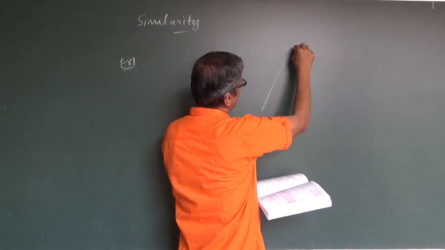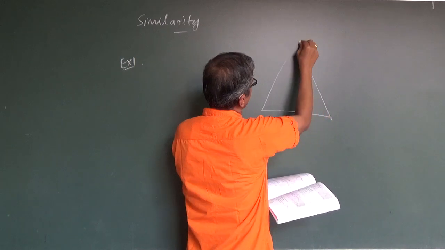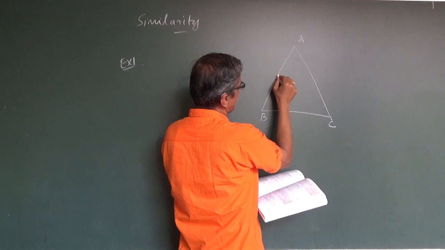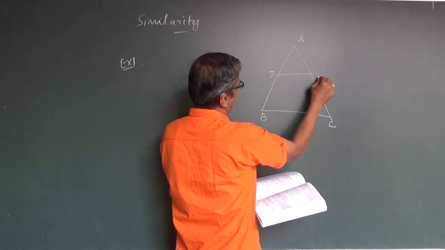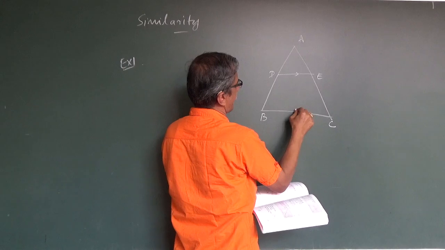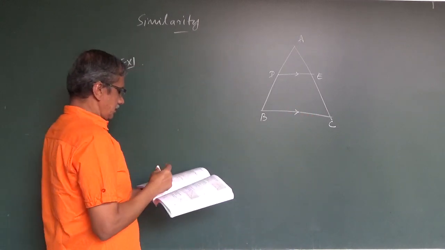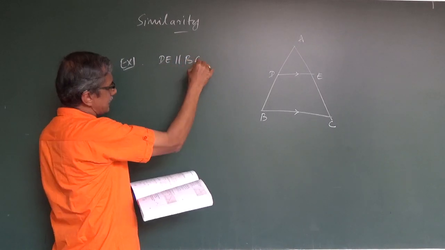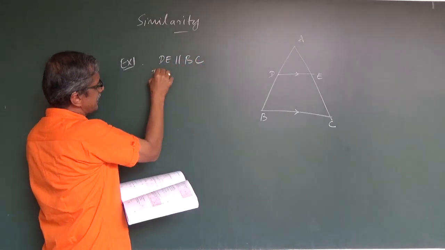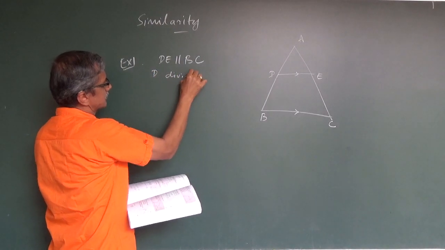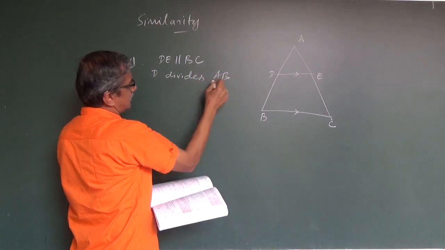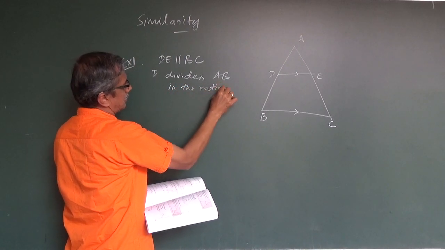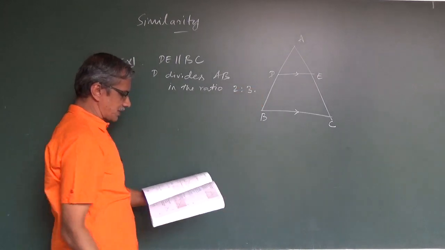This example I told you in the last video also, but once again I am going to repeat it. DE is parallel to BC. D divides AB in the ratio 2:3.